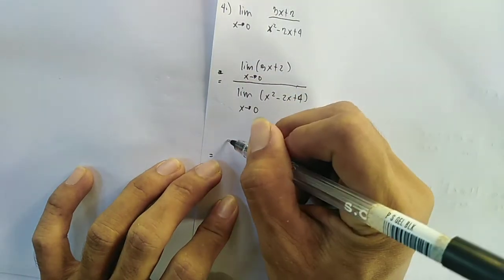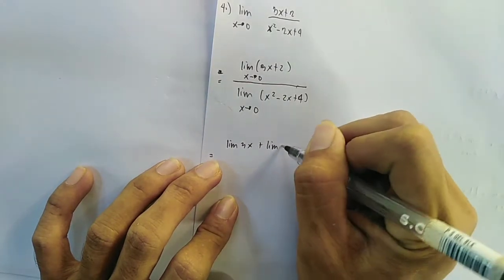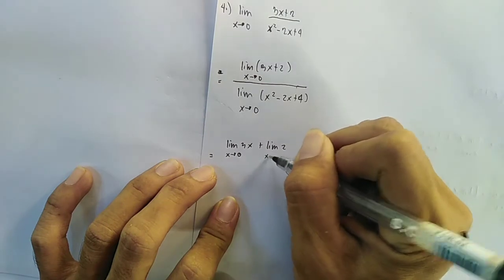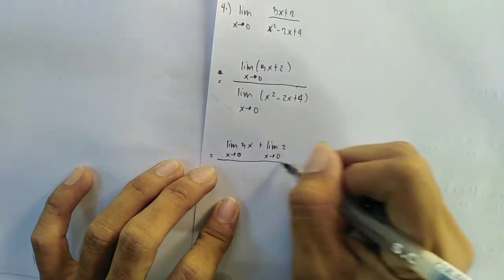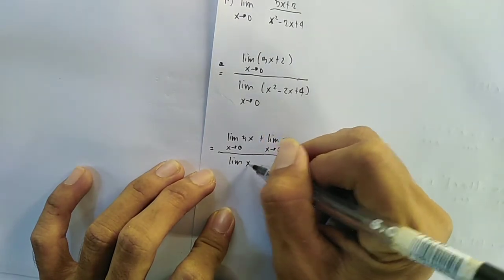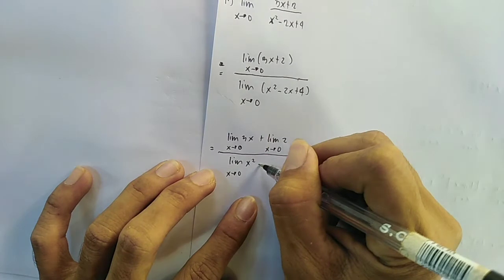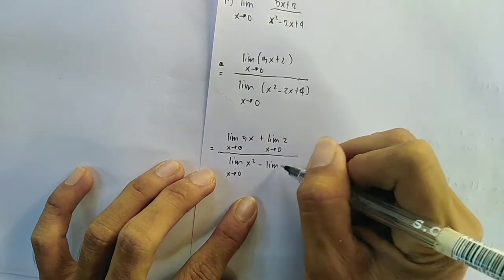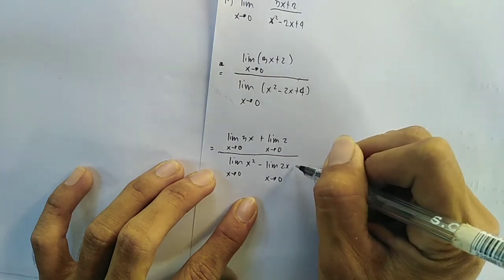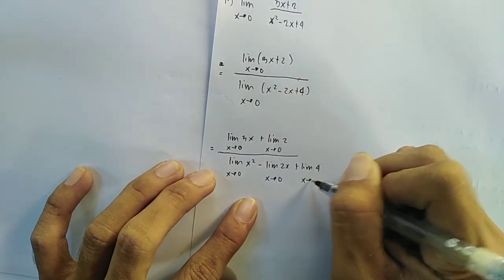So just write the limit of 3x plus the limit of 2 as x approaches 0. And then the same with the denominator: the limit of x squared as x approaches 0, minus the limit of 2x as x approaches 0, plus the limit of 4 as x approaches 0.